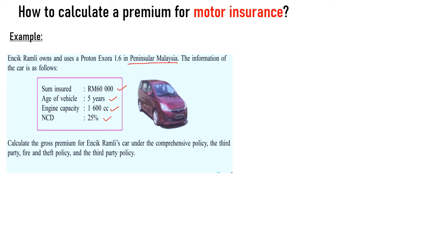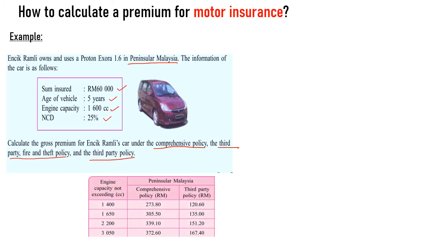The question asks us to calculate the gross premium for Encik Ramli's car under the comprehensive policy, the third-party fire and theft policy, and the third-party policy. Now this is the table that we need to refer to. Encik Ramli's car engine is 1600 cc, so we can refer to this column.